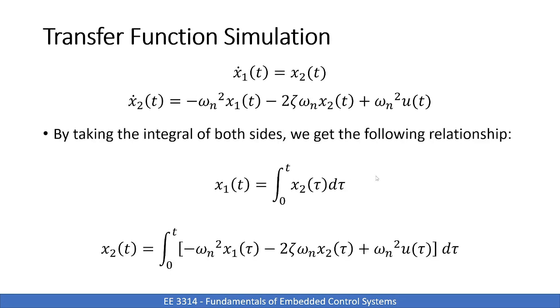Okay, so really, if we want to estimate these state space variables, x1 and x2, these are derivatives, right? So we just need to integrate those. So x1 will be equal to the integral from 0 to the current time of x2 of tau, right? So x1 dot is x2, so x1 will be equal to the integral of this x2.